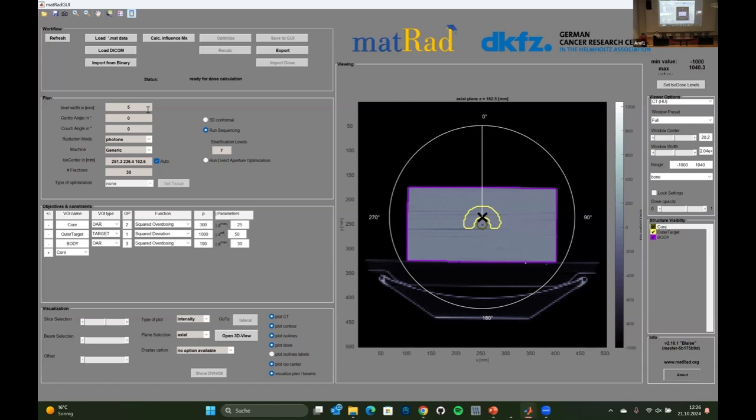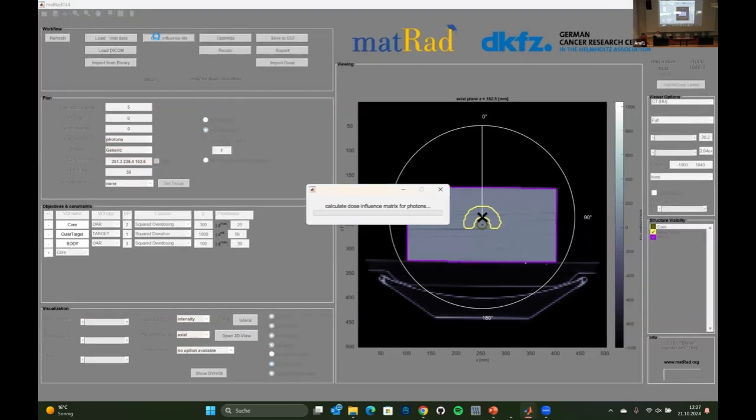And now we go to the computation steps. First, we compute the dose for each of these beamlets. We can do this by clicking the calc influence matrix button. It creates a dose influence matrix, meaning the influence on the dose that every individual beamlet has.